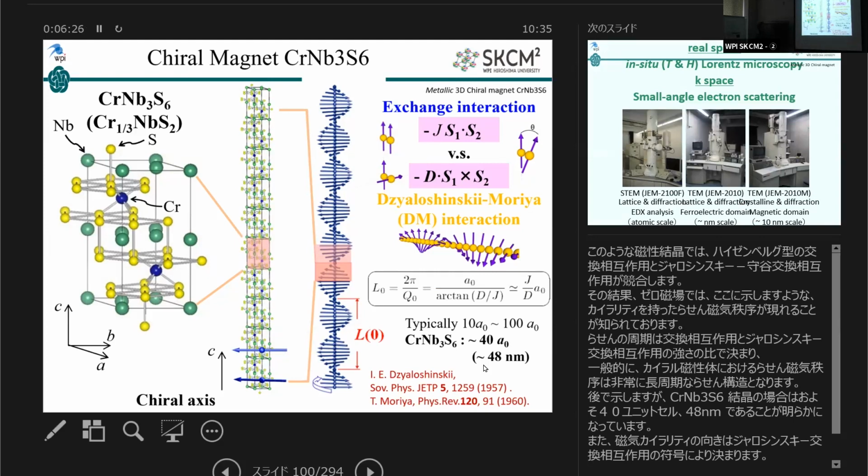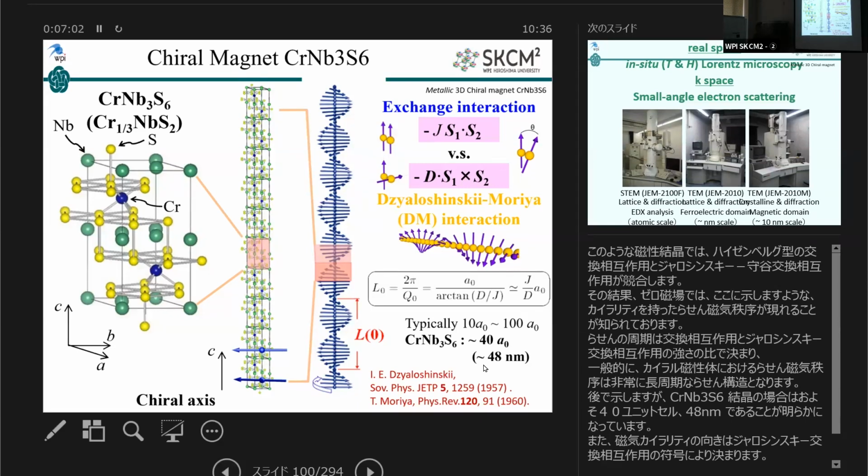NbS2 is a layered compound, and the chromium with spin is intercalated between the two-dimensional layers, and the chromium makes a helix. The chromium has spin 3/2, and these spins align to helical order if we grow the enantiomer-pure crystal. The crystal space group is P6322.